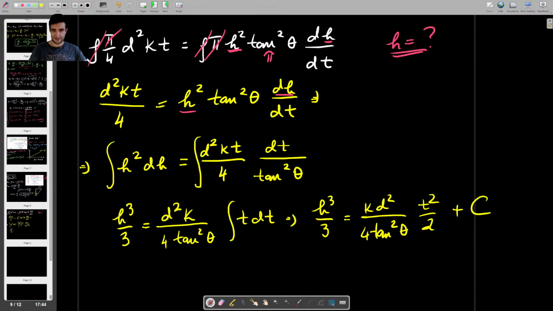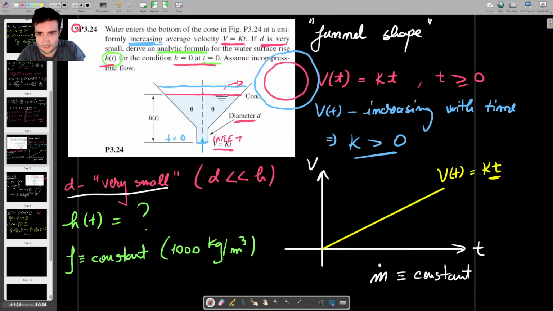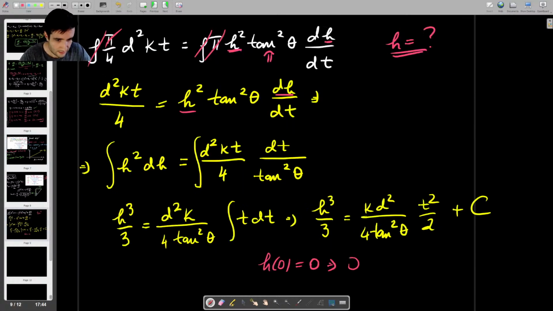I have my constant of integration, which is not difficult to figure out: it's actually equal to 0, right? I know that h of 0 is equal to 0. So at t equals 0, h is equal to 0. If I plug those in, I have that 0 is equal to 0 plus c.